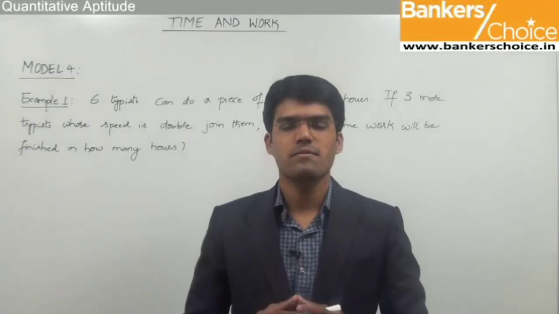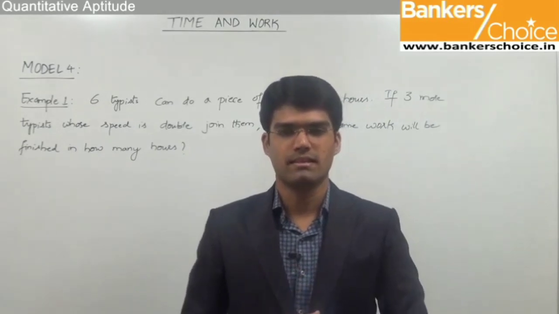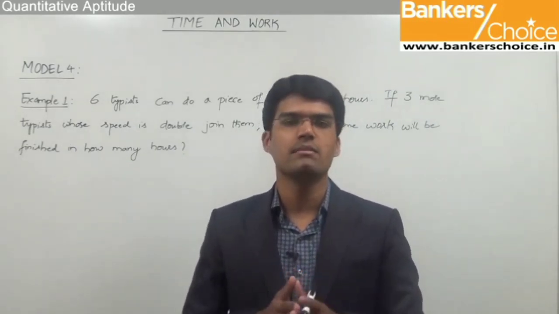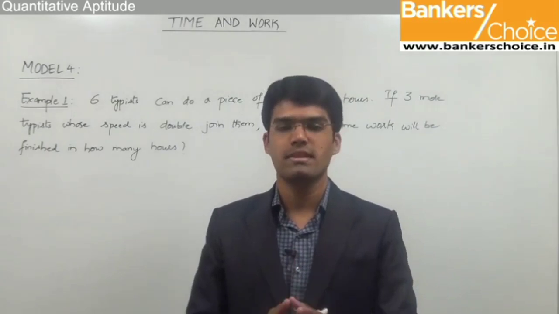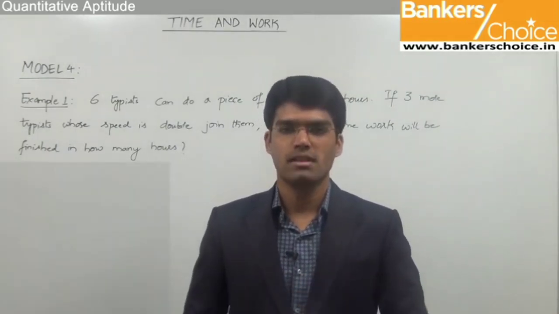Let us now discuss the fourth model from time and work, where the questions are based on efficiency. As we have already discussed, efficiency or capacity is nothing but the work done by a person in one day. And capacity is always the reciprocal of the number of days.